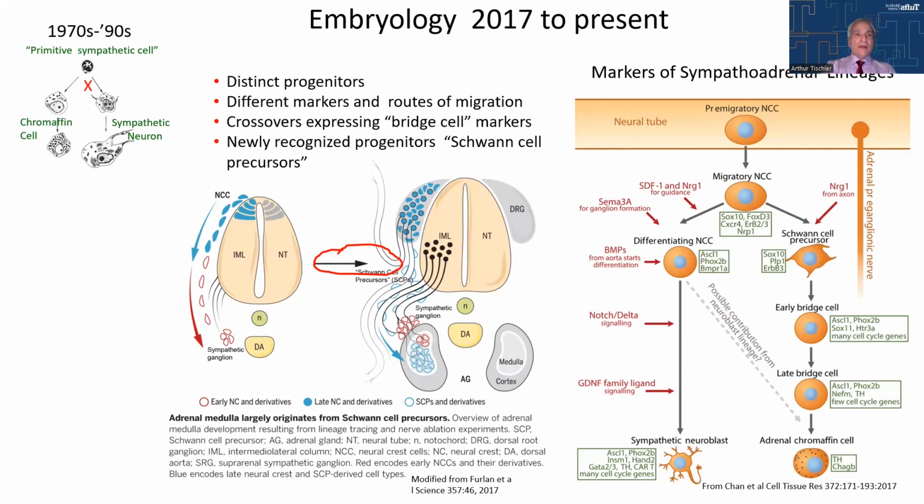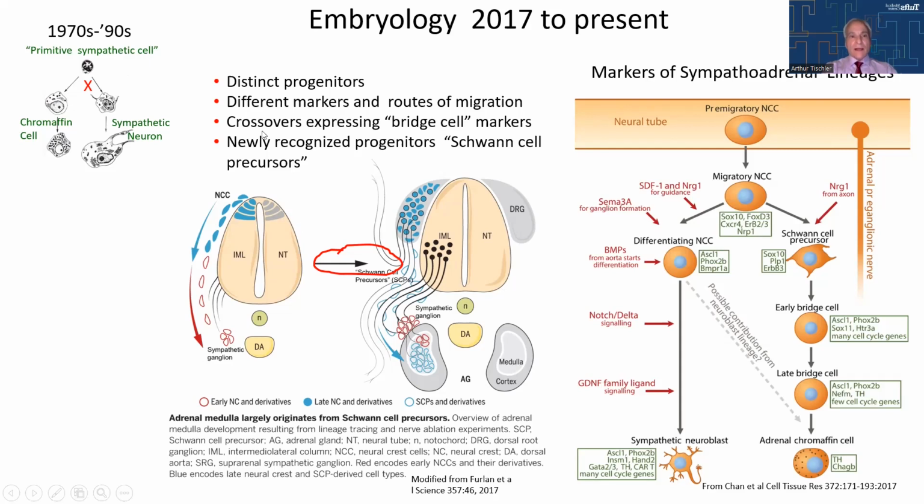This theory had begun to be overturned by the mid-1980s, but it was finally put to rest in the 1990s and was completely modified as a result of a paper by Furlan et al. in Science in 2017.